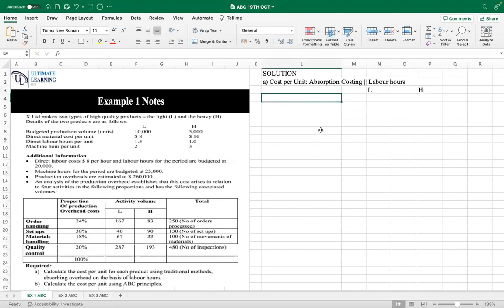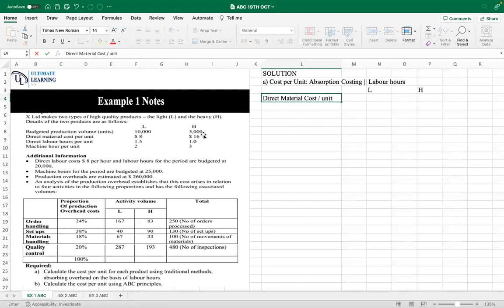In order to get the cost per unit, we said it's direct cost plus indirect costs. Direct costs are also known as prime costs. So let's start with prime costs or direct costs. We'll start with direct material cost per unit.